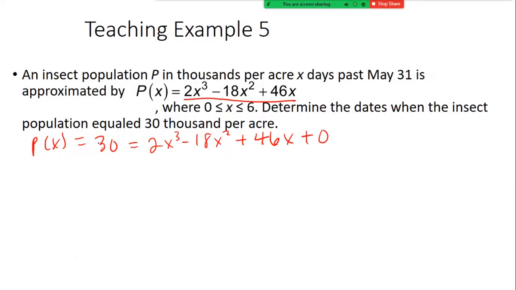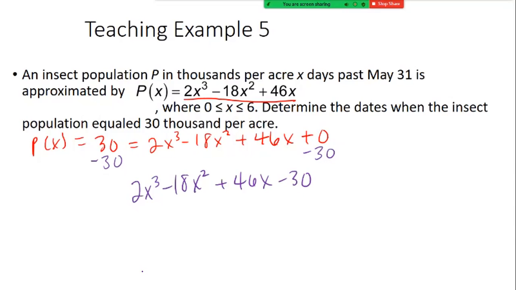But we need to get this side equal to 0. So what do I need to do to the 30? So we're going to subtract 30, which means that we're working with 2x cubed minus 18x squared plus 46x minus 30. And we're looking for the days where this is. So we need to factor this.